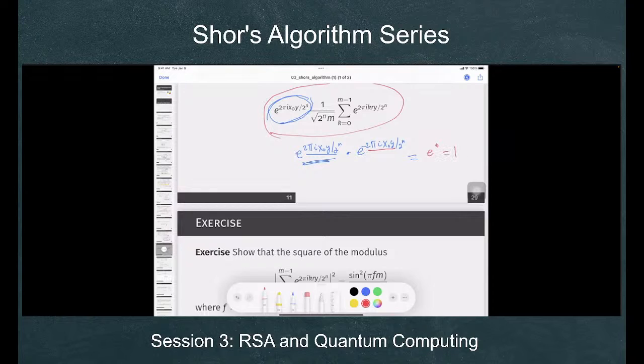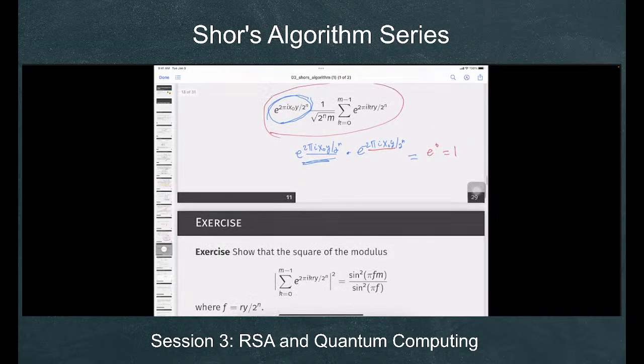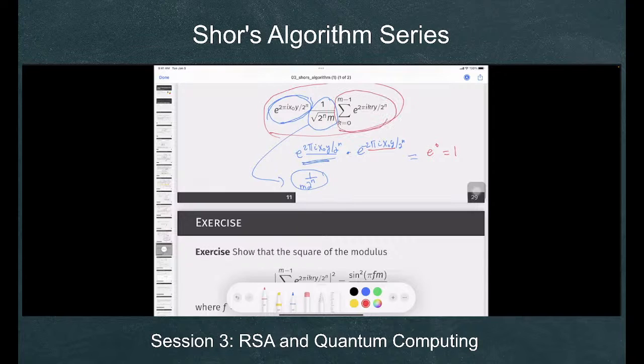It disappeared here. And then what will happen to this one here? This one will become 1 over 2 to the n times m. So that's what happened to this one. Now the third part, what happens to this one here? That's the thing which I want you to do.